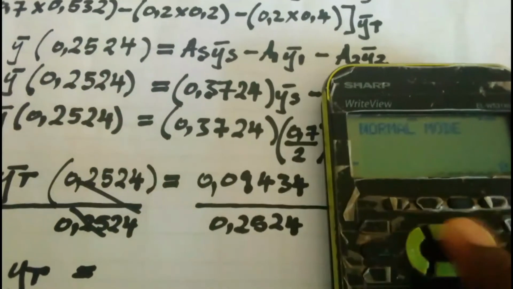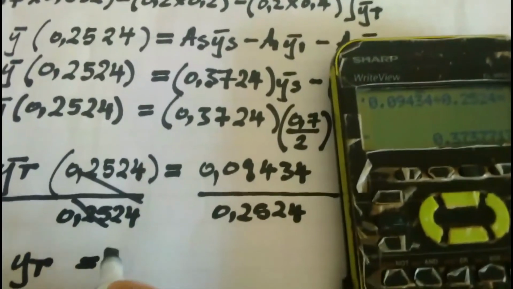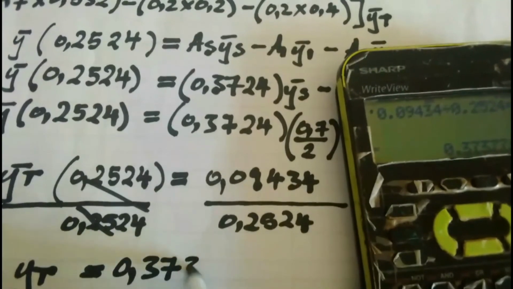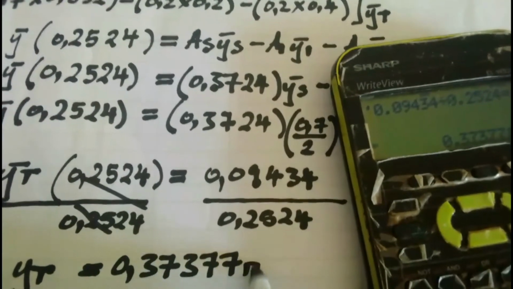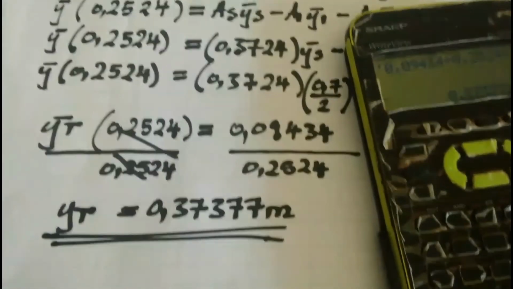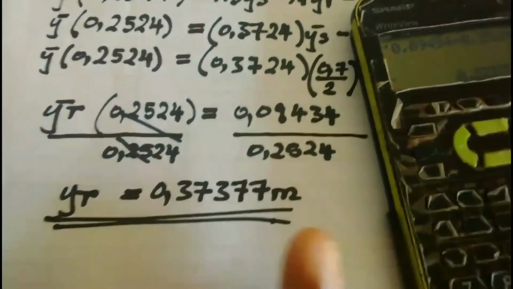We've got something like 0.37377 meters, right? So this is the centroid for the whole material. It's now solved.